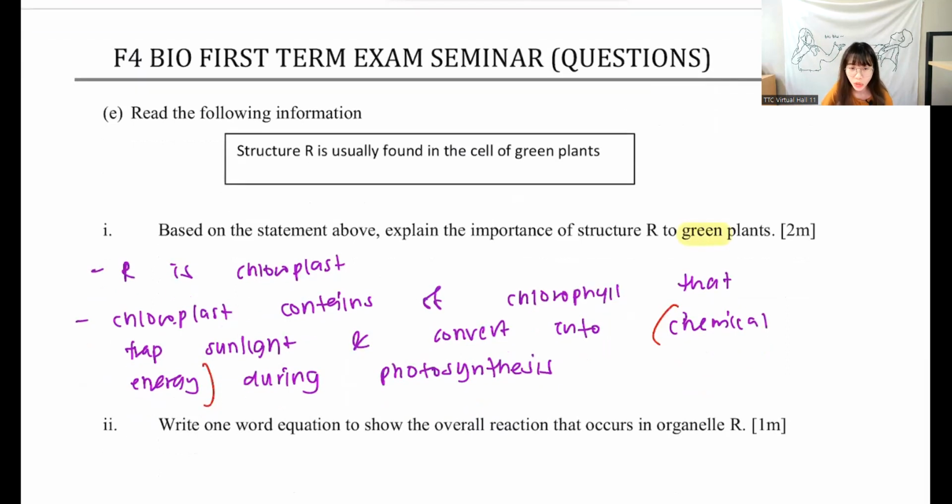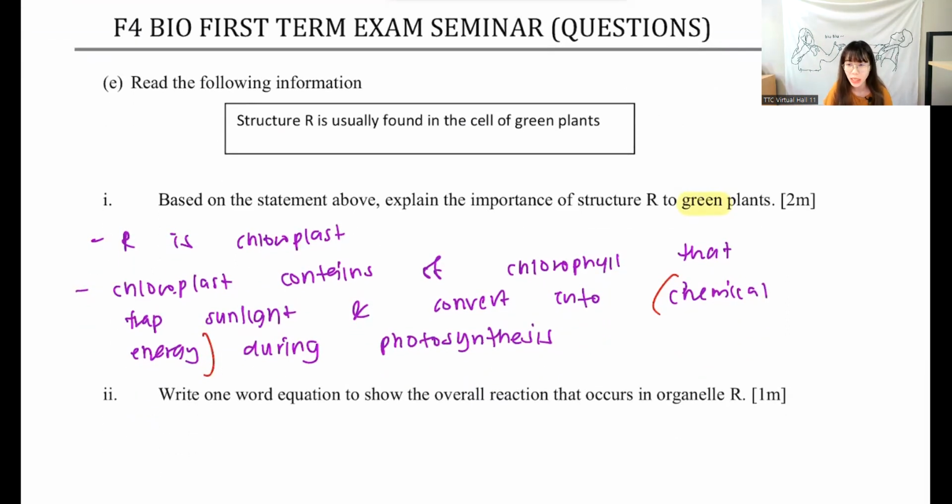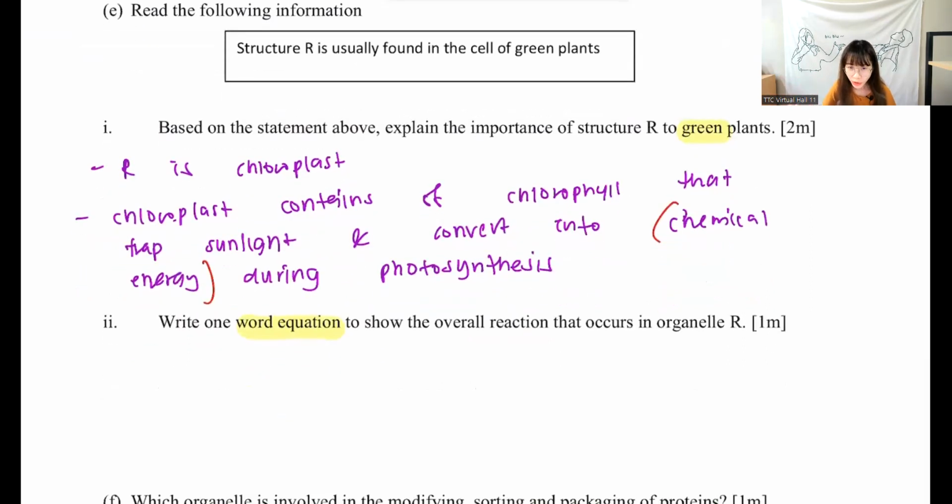Write one word equation to show the overall reaction that occurs in organelle R. A word equation doesn't need to form a sentence. Literally it's an equation, but there's no chemical formula. So there's no CO2 or H2O. We have to write water, carbon dioxide. To carry out photosynthesis, what do they need? They need carbon dioxide and water, with the presence of sunlight and also chlorophyll. Very good.